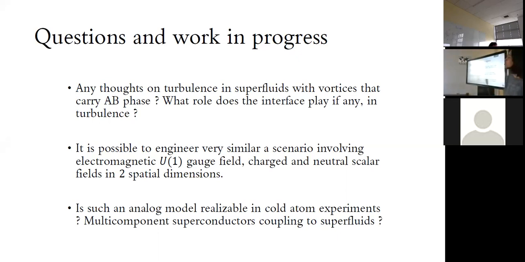We have almost finished the paper; we're just trying to put it out right now. So the question is, can this kind of model be realized in cold atom experiments, or maybe using multi-component superconductors, something like that? These are the questions that would be nice to get input on.